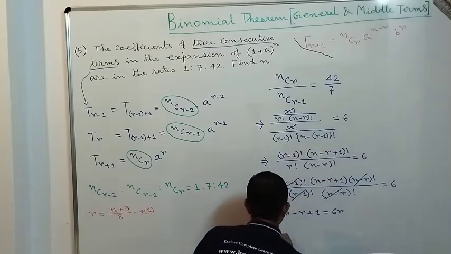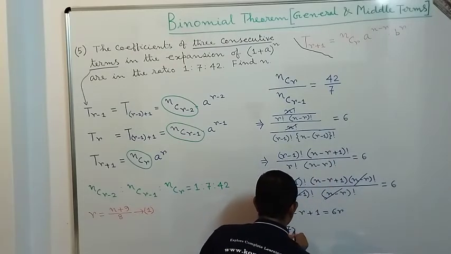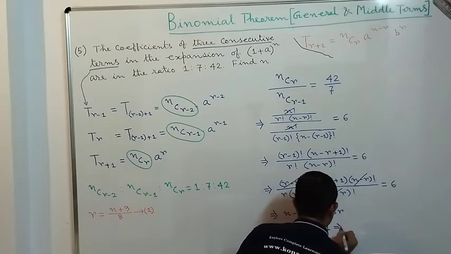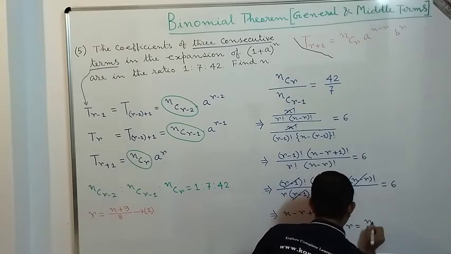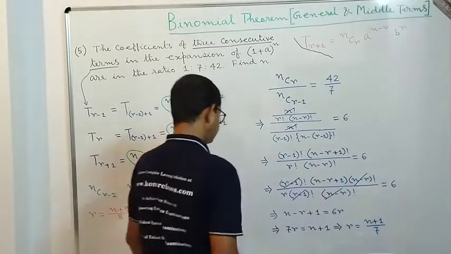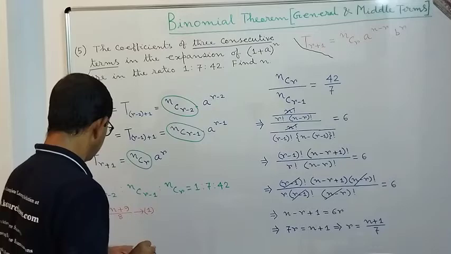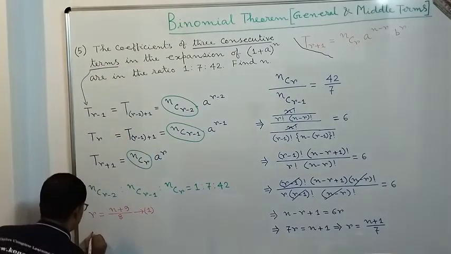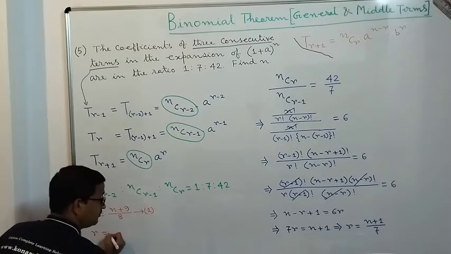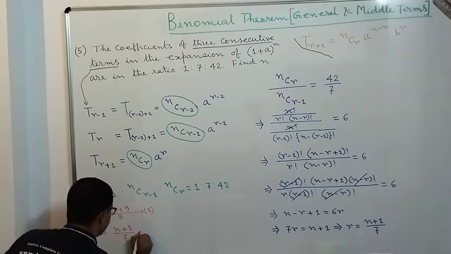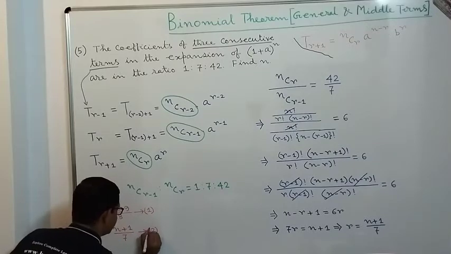So from here we can write that 7r is equal to n plus 1, and that implies r is equal to (n plus 1) by 7. Correct? So let me write here: r is equal to (n plus 1) by 7.